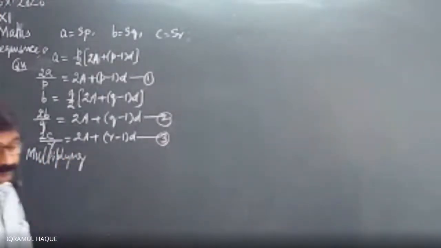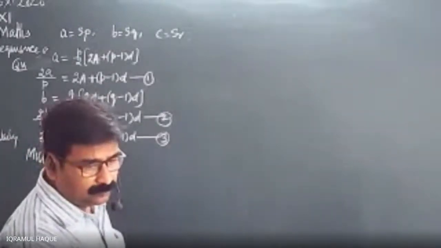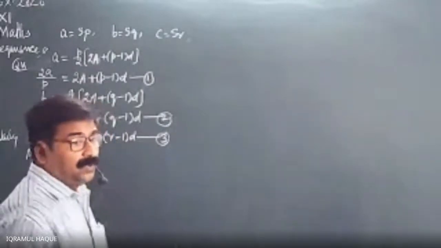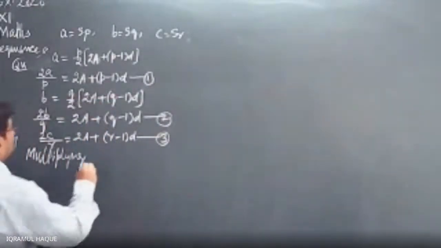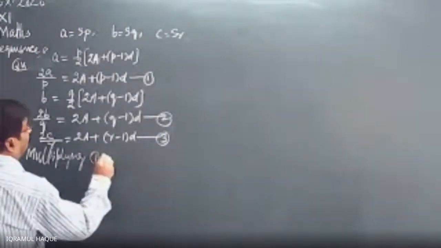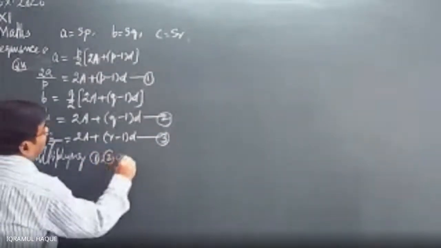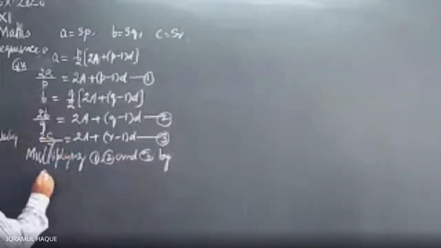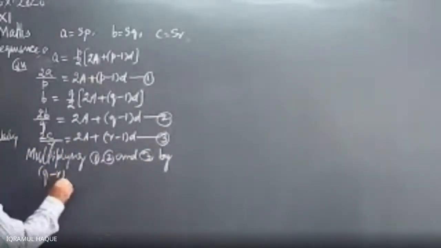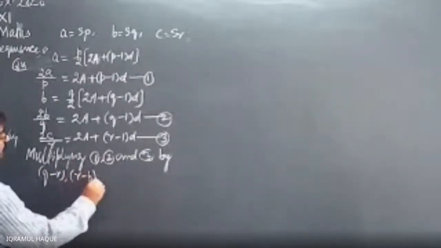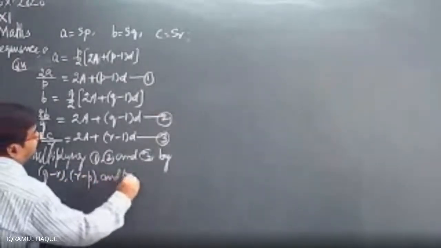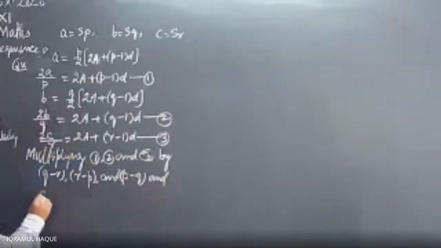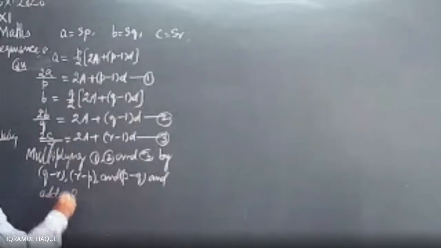Multiplying 1, 2 and 3 by q minus r, r minus p and p minus q and adding.